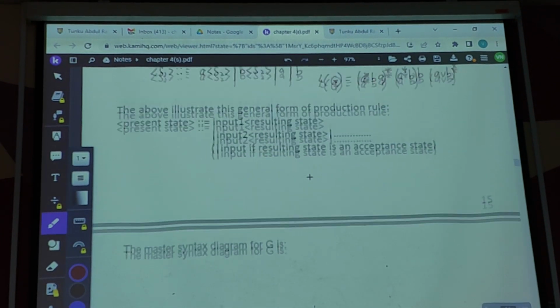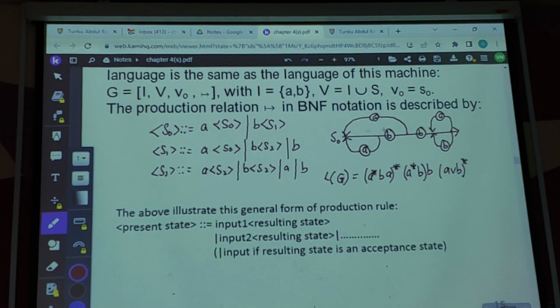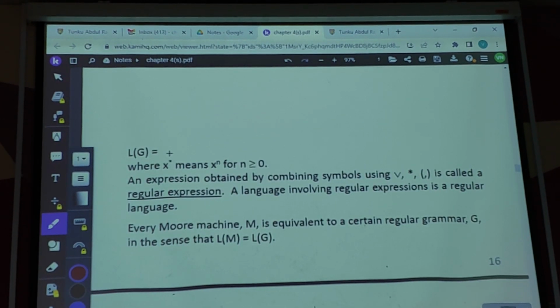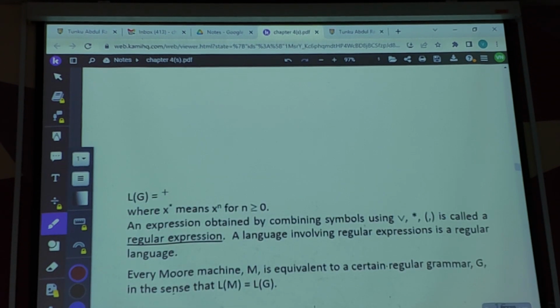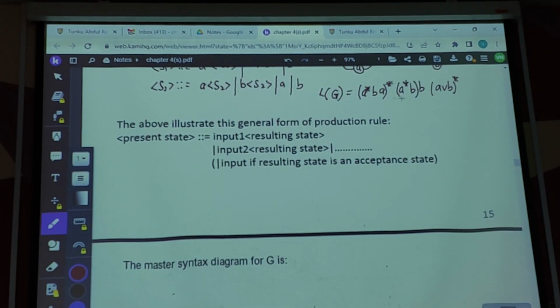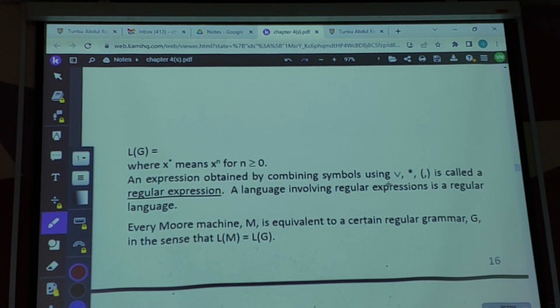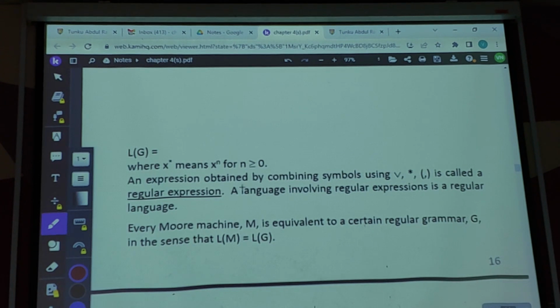This is the master diagram we have drawn in here. And the LG I also written already here. This LG is this. Okay, and this one, the symbols that we have used, same like chapter 2, alternative, asterisk and the bracket, we call this the regular expression.